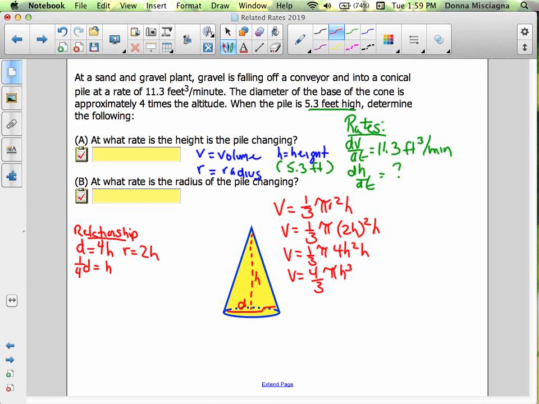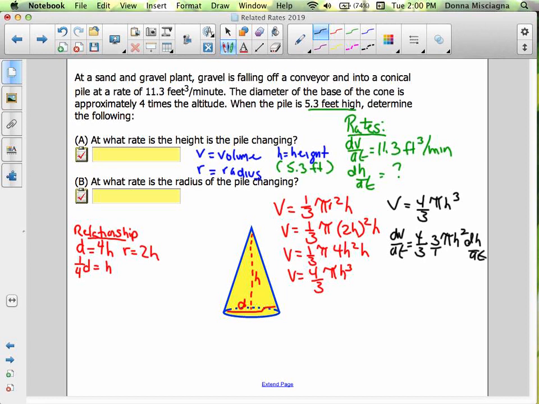And now we'll take the derivative. All of that part was just the simplifying. Let's take the derivative over here because I'm running out of space. Volume equals 4/3 pi h cubed. So dV/dt equals 4/3 times 3, that's nice simplifying there, pi h squared dH/dt.